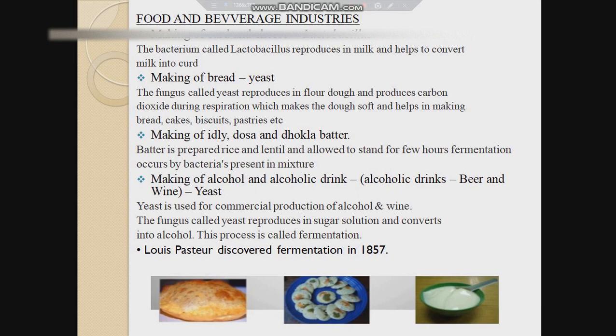Making curd and cheese. Bacteria are used in the preparation of some of our most common foods, such as curd. Curd contains a bacterium called Lactobacillus. When a little curd is added to milk, it multiplies and converts the milk into curd. Curd, or dahi, is known as plain yogurt in many countries.